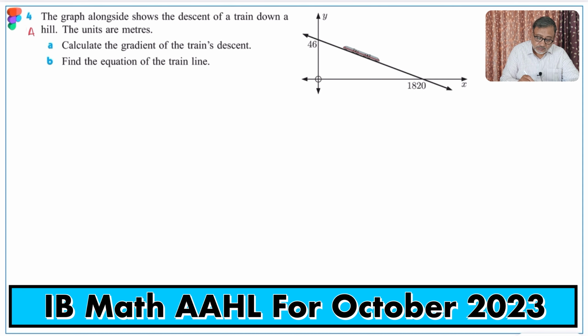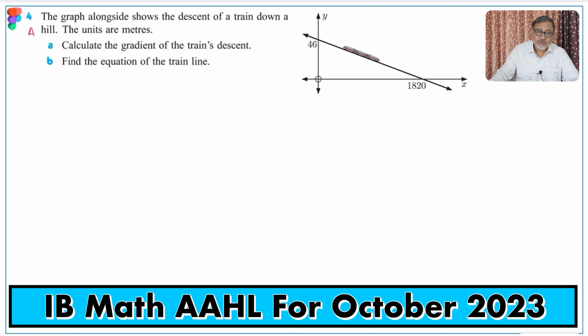Next question says the graph alongside shows the descent of a train down a hill. The units are in meters. Everything is given in meters. Calculate the gradient of the train's descent. It means m we have to find. Descent or ascent means we have to find the gradient, right?